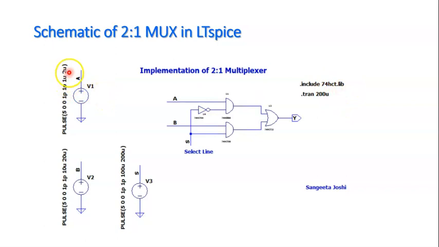I have given 1 microsecond and 2 microsecond time period for A, that means total period is 2 microsecond. Slightly higher, I have taken 20 microsecond for B, and a cycle of 200 microsecond I have taken for S. For S I have taken a larger time because only then it would be possible for us to see the waveforms.